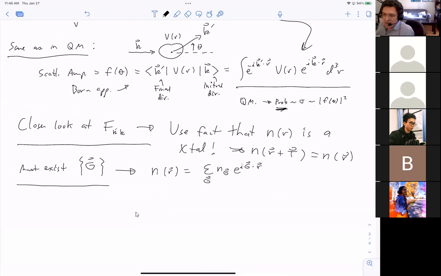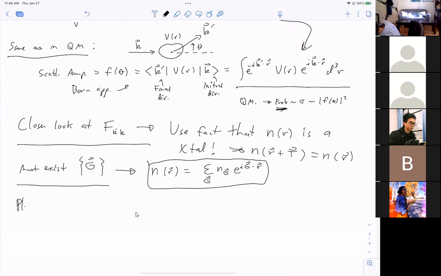So even though I don't need to know what the lattice is, I just need to know it's periodic, in which case there exists a reciprocal lattice, and I can write this expression. So for a crystal, my electron density is periodic in the reciprocal lattice vectors, like that.